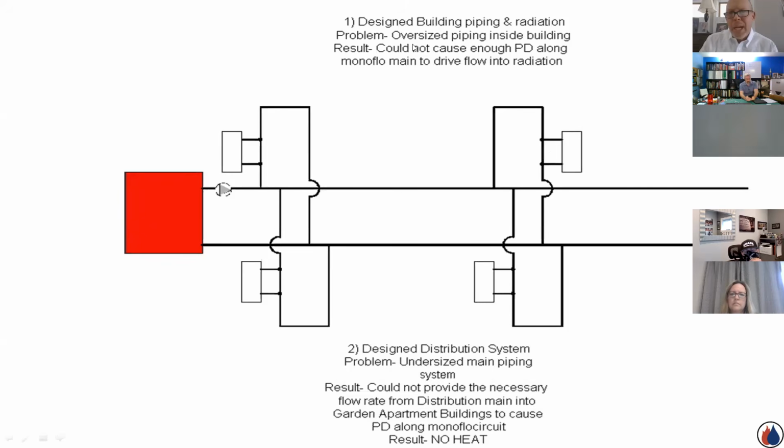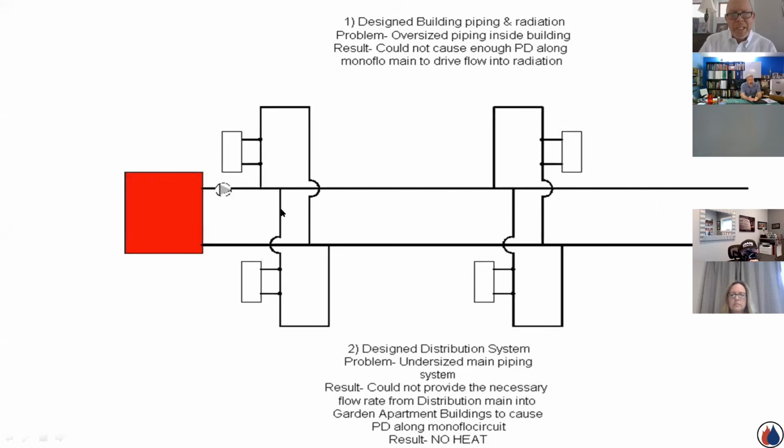And the problem that they made unknowingly is they oversized the piping inside the building. The second engineering firm was responsible for the central plant, and then just the main that fed the whole system, fed all 10 buildings. And unfortunately, their mistake, which they didn't realize, is they undersized the main piping.